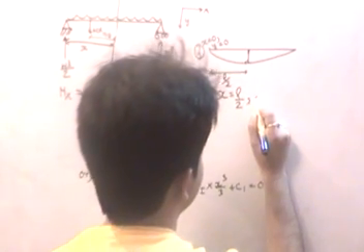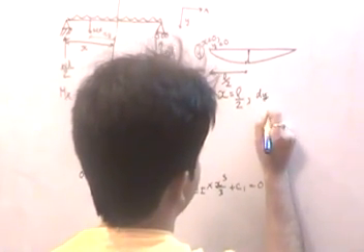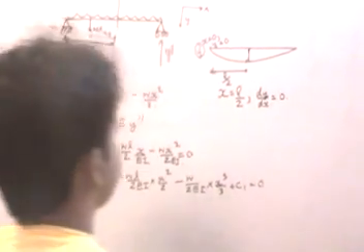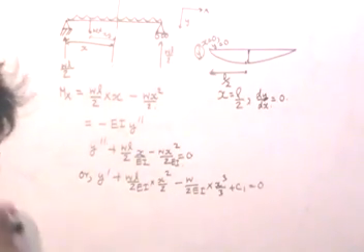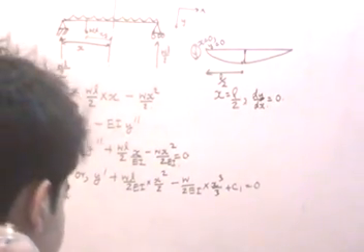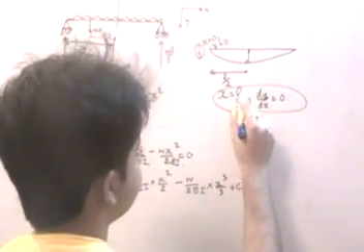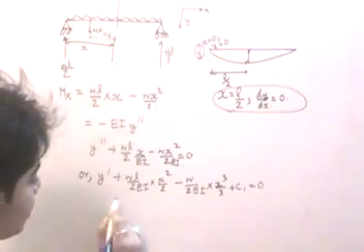So at this point we can say that dy by dx will be equal to 0, right? The next thing we have to do is utilize this boundary condition, x is equal to L by 2, dy dx is equal to 0, and find the value of C1.